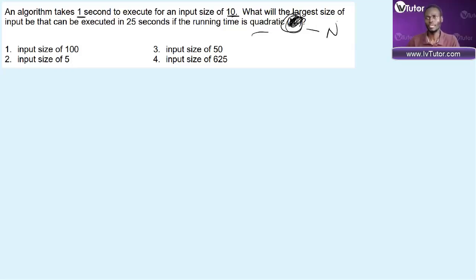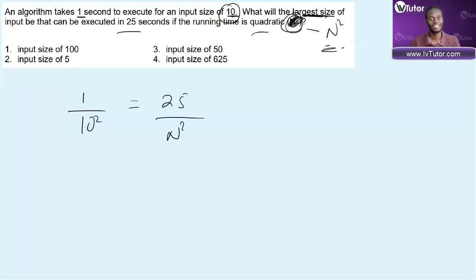So your big O here is n squared, which means you're going 1 over 10 squared, right? Is equal to, what are we looking for? What is the largest size? Now we're looking for the size. What is the time? 25 seconds, which means it's 25 over n squared. We are looking for n. You do not change the big O. It's what it is, right?